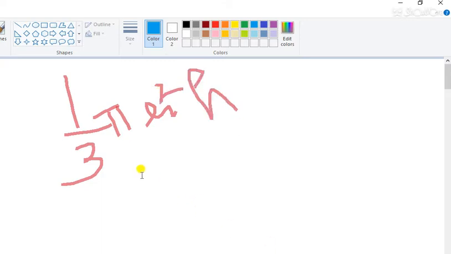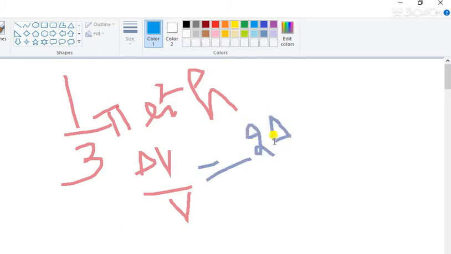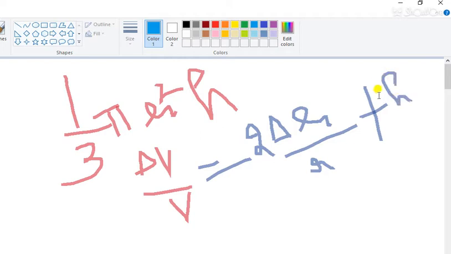So in this case delta v by v is equal to 1 by 3 is constant, so it will become 2 delta r by r plus delta h by h. So a similar answer like in case of cylinder. So these are some expressions.